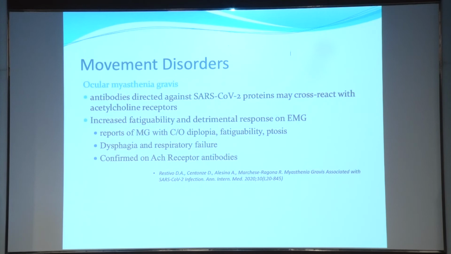Ocular myasthenia gravis has been reported in multiple cases in association with COVID, and the antibodies directed against the SARS coronavirus may also cross-react with the acetylcholine receptors, which may lead to a myasthenia gravis kind of picture.